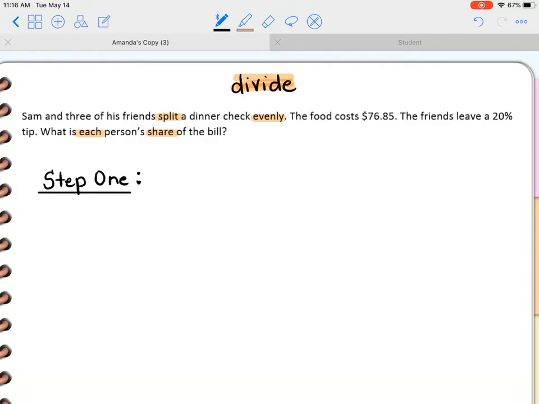And we're going to have to figure out what that is in terms of money. So we have to calculate how much money that tip is going to be. 20% is sort of the standard for tips. So we want to know what is that in terms of money. And since that's a percent, I'm going to use my proportion. So my first step is to find the tip amount.